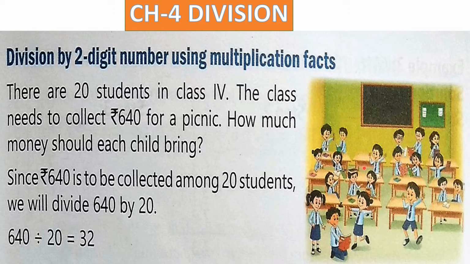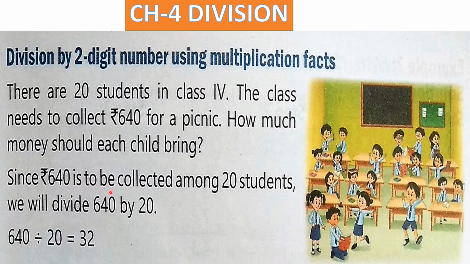What is the individual share to collect the 640? To find how much one should bring, what do we have to do? We have to divide.